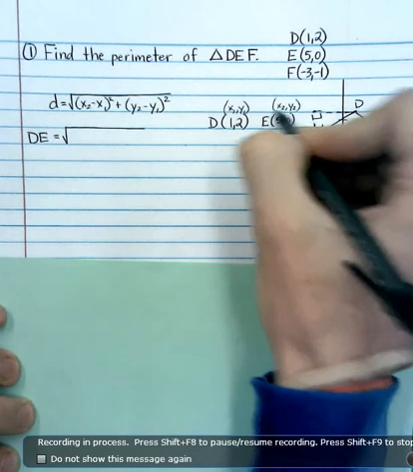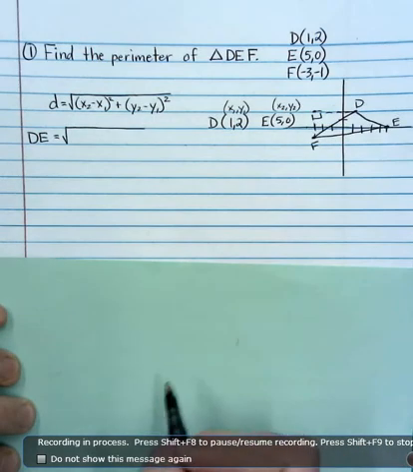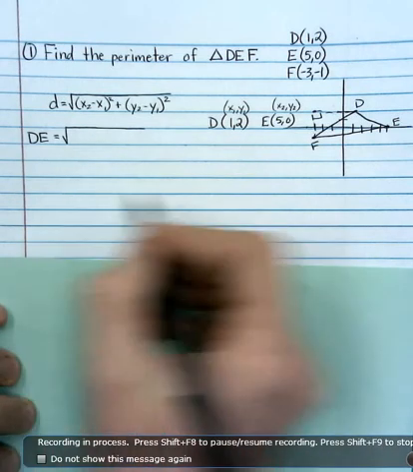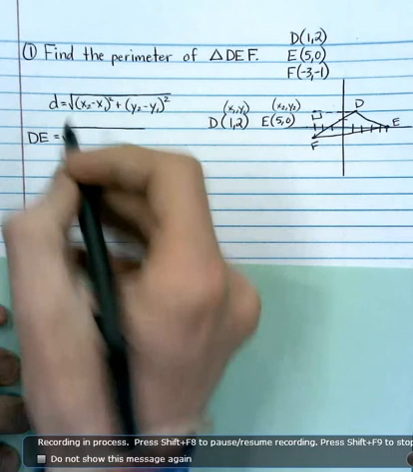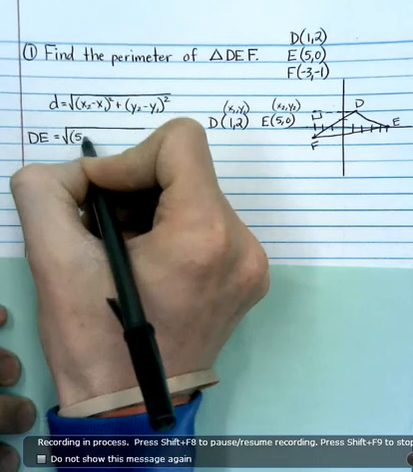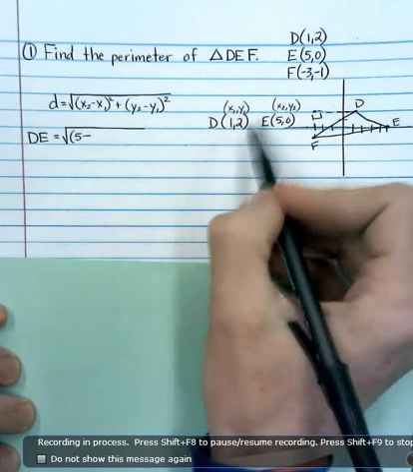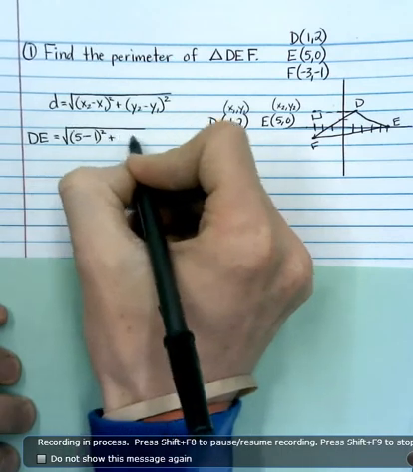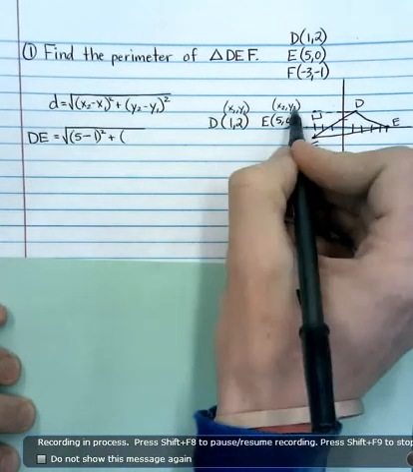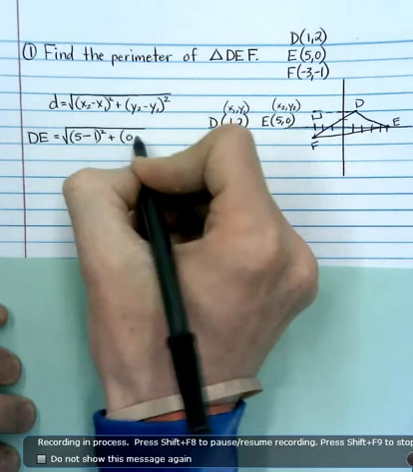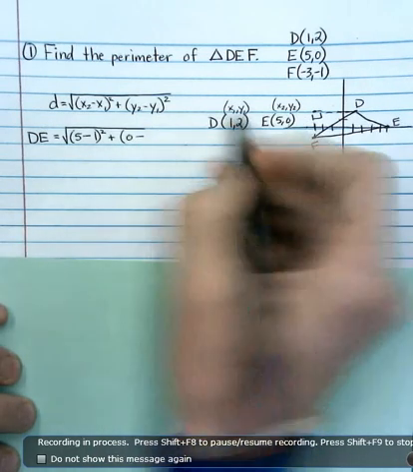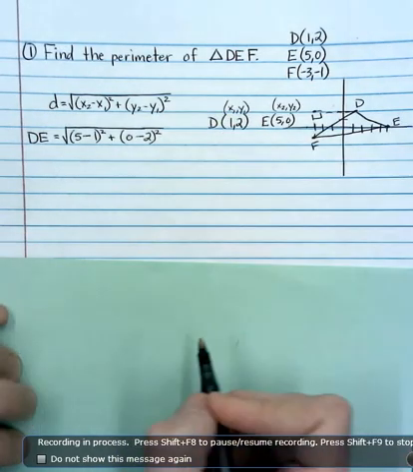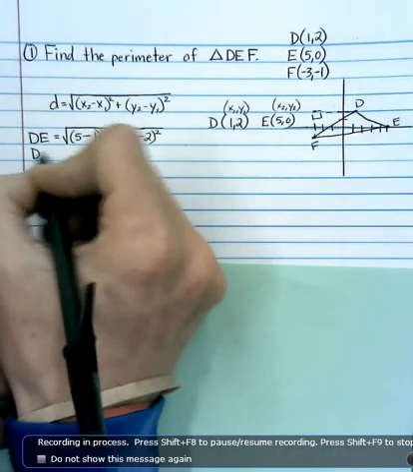And now it's very simple. I can just plug in my values directly into my formula. So x2 happens to be 5 minus your x1. Make sure you don't forget your squared. y2 is 0 minus y1, which is 2. Also, don't forget to square it. Now we just have to evaluate.